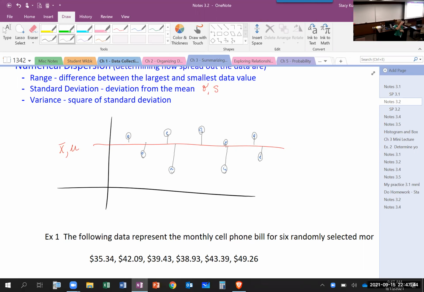The larger the standard deviation value, the larger the spread, the more spread out my data is away from the middle. The smaller the number, those values are concentrated right around the middle because there is no spread. The larger the standard deviation, the more spread out my data would be, okay? Questions? No? Does that make a little bit more sense?